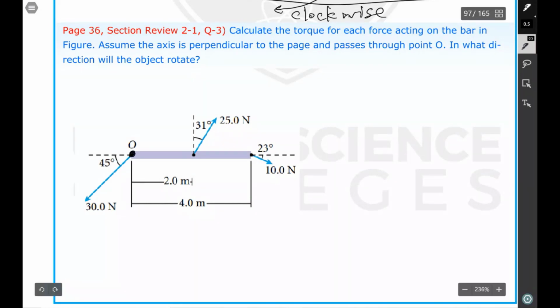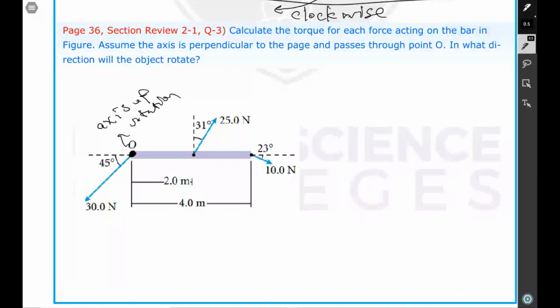This is the axis of rotation. In what direction will the object rotate? We are going to check the net torque. If the net torque is positive, rotation is counterclockwise. If the net torque is negative, rotation will be clockwise. We are going to check it.